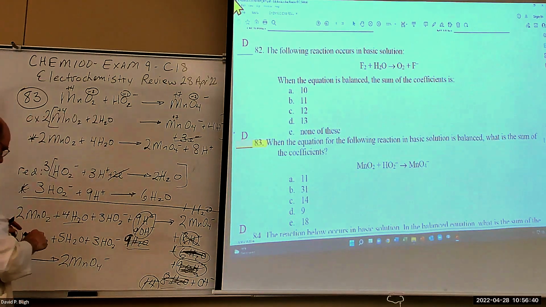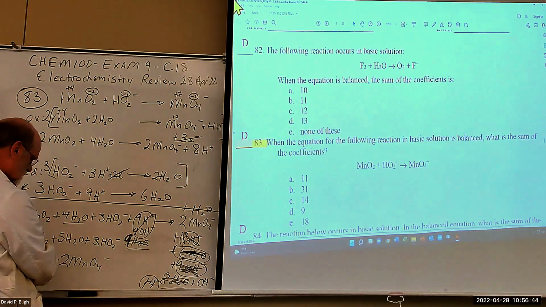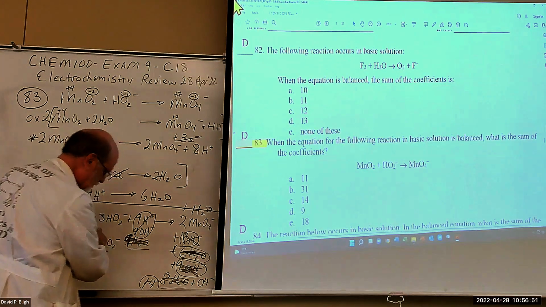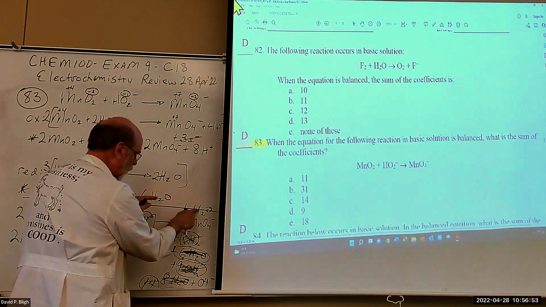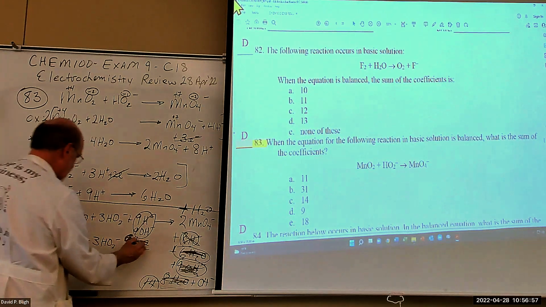Okay. On this side, I already counted for them. They're all gone. 13 on this side, 14 on that side, only 1 left on this side. Okay, all the waters are gone on this side.